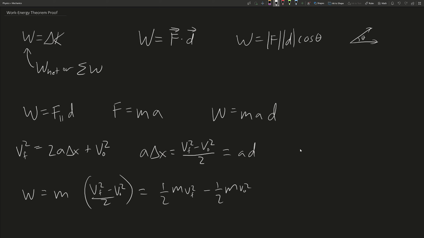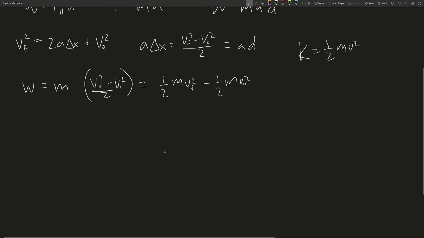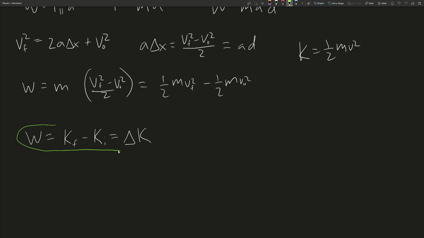And noting that kinetic energy is equal to 1/2 mv squared, it's quite clear here that we have shown that work is equal to the final kinetic energy minus the initial kinetic energy, which we'll call Ki. And this is then equal to the change in kinetic energy. So this proves that the work-energy theorem holds in cases with constant acceleration.